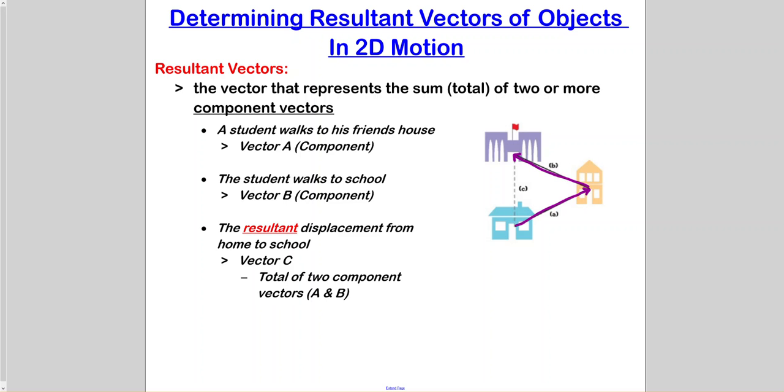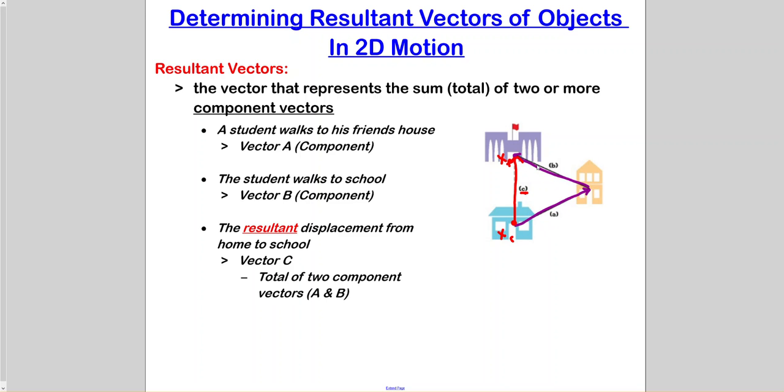The resultant of those two components is this red line, which is also a vector, because this is your initial position and this is your final position, and displacement is change in position, magnitude and direction. So C here is the resultant of A and B.